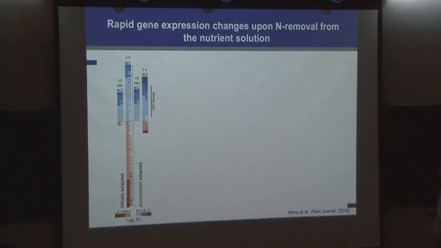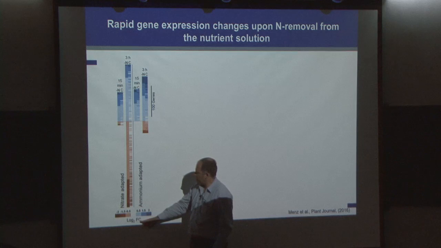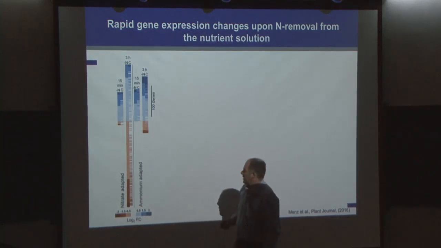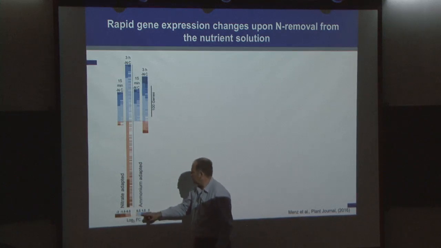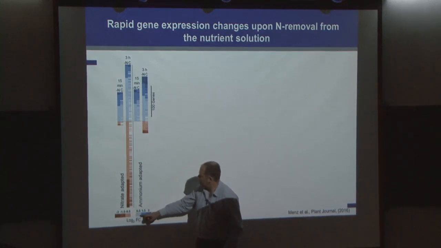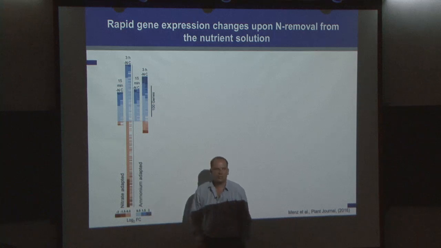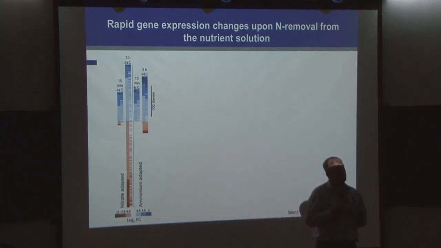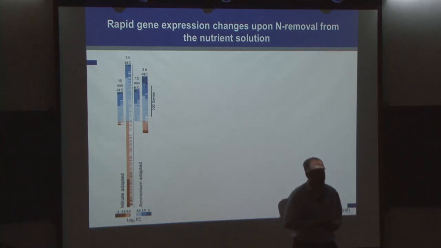What is this showing? This is showing gene expression changes as a log-fold change, log-2-fold change. And the color scale, this 1.6 log-2-fold means a real threefold change of gene expression.